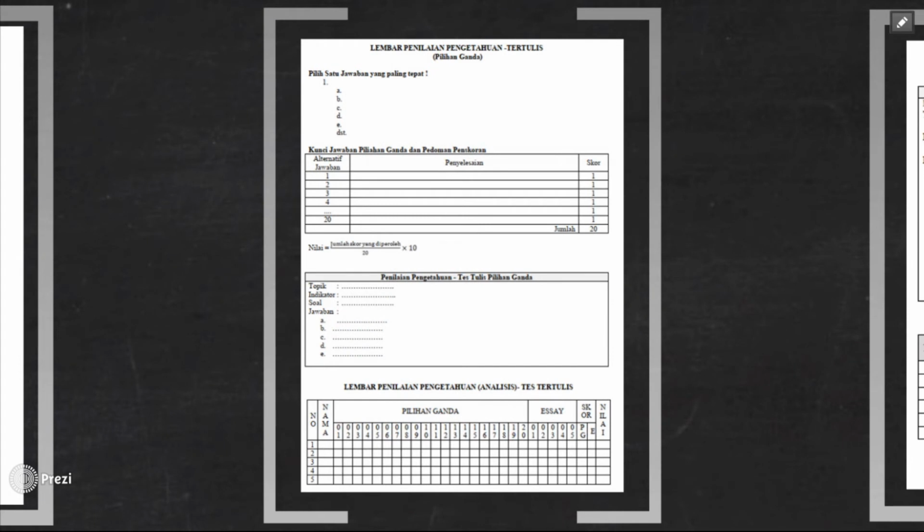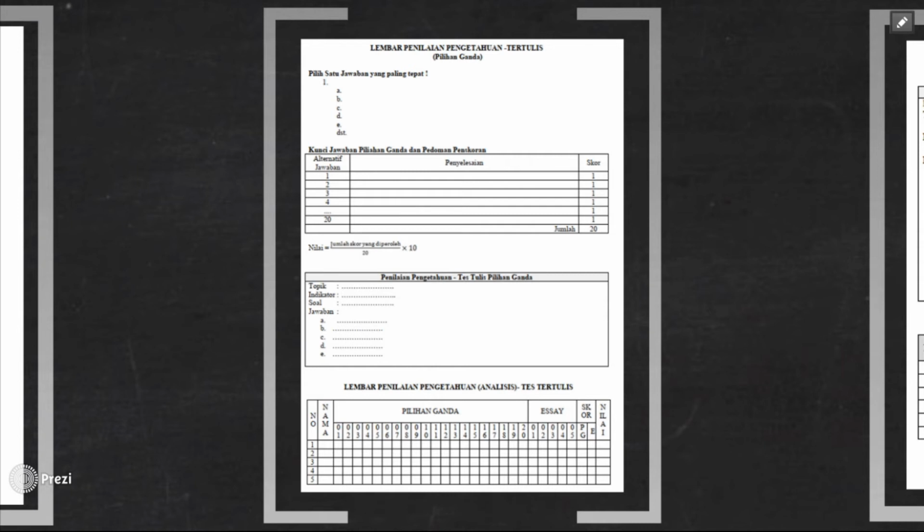And then the next type of rubric we can see here is the written task for the students. Even though this formative task is combined with multiple choices, there is a rubric about the written task.